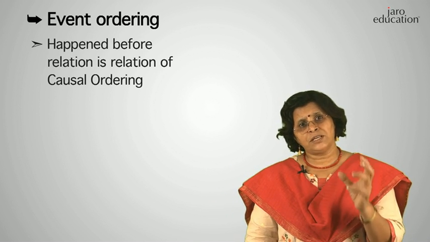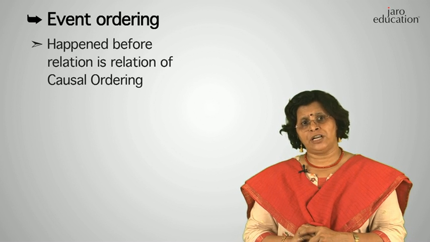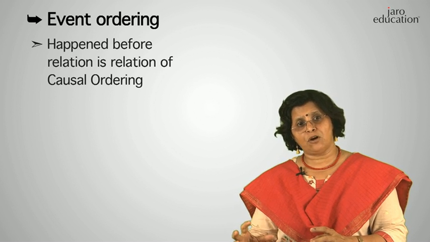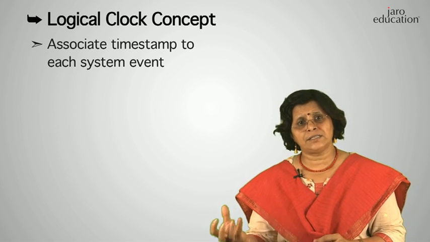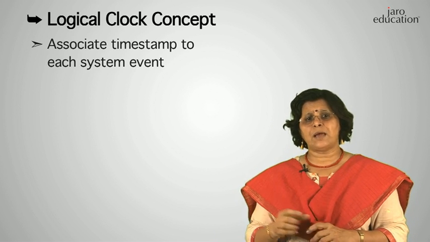So from this particular concept of happened before relationship, we move into the concept of logical clocks, and we say that whenever a particular event is occurring, let us attach a timestamp to it.